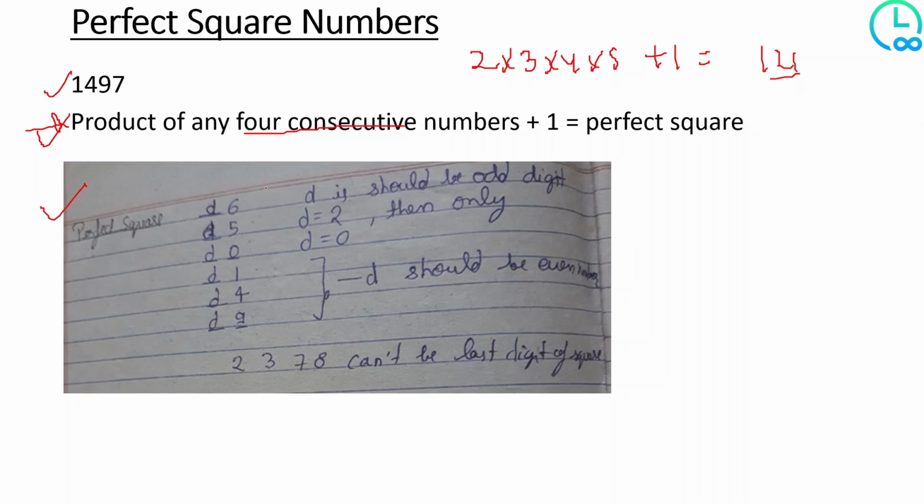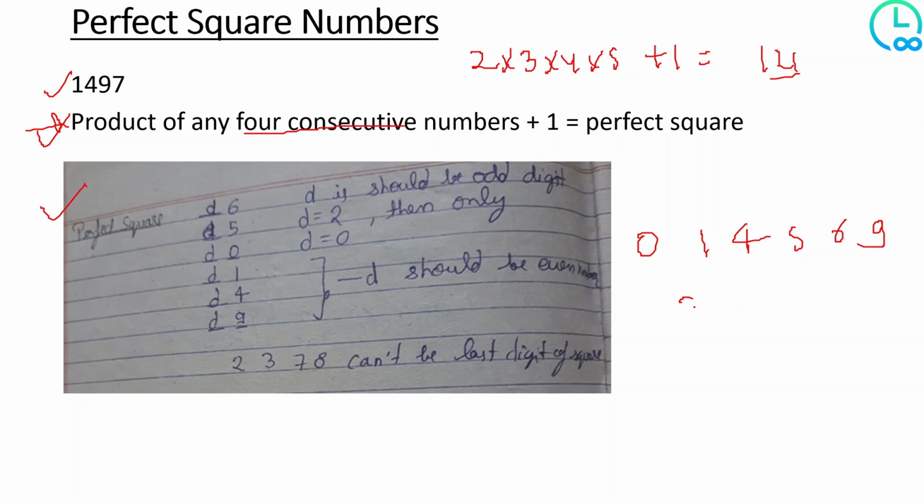Now let's see what this table, what this chart is like here. With the help of this, any perfect square number will always have its last digit as 0, 1, 4, 5, 6, 9.